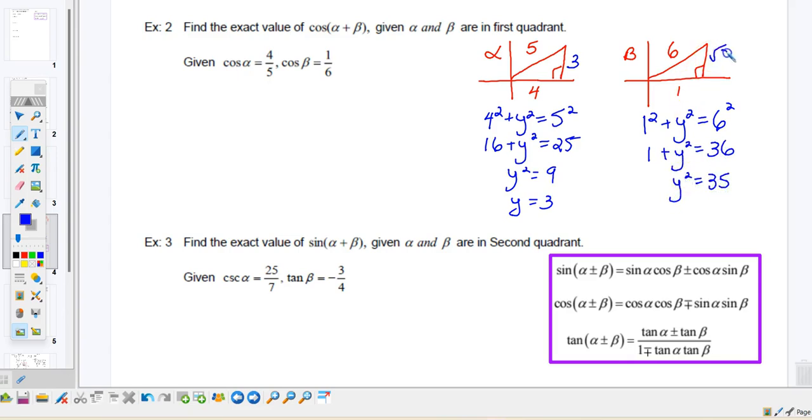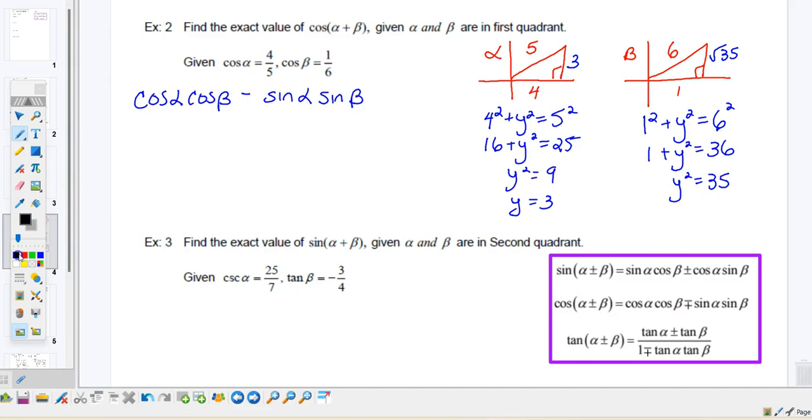So we get the square root of 35. We want to expand out cosine alpha plus beta. Plus on the left goes with minus on the right because cosine changes it.